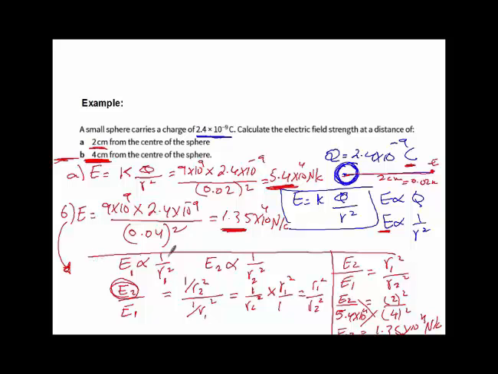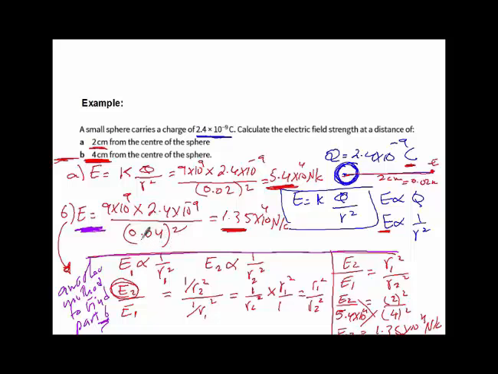And this was another method to find part B. I'm just showing you; this is the simplest way to do that: just substitute your new R.